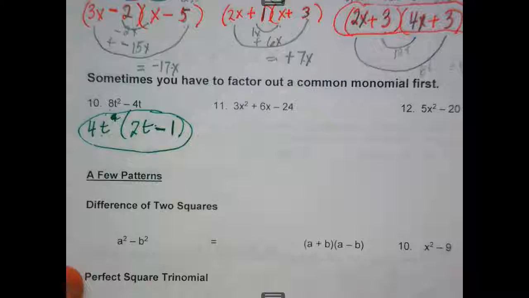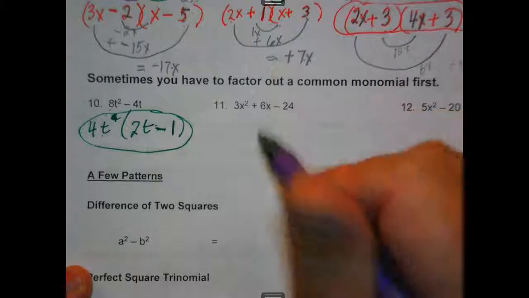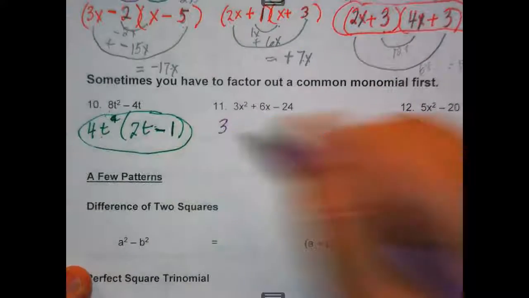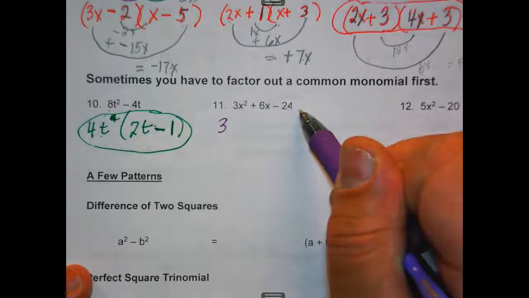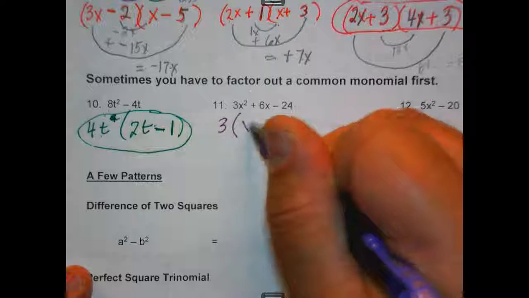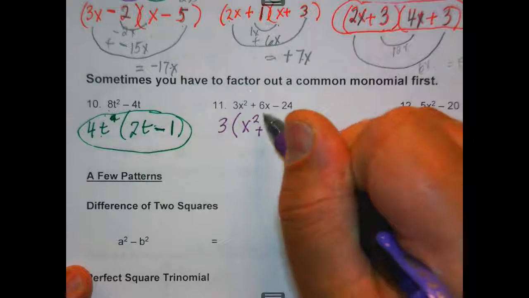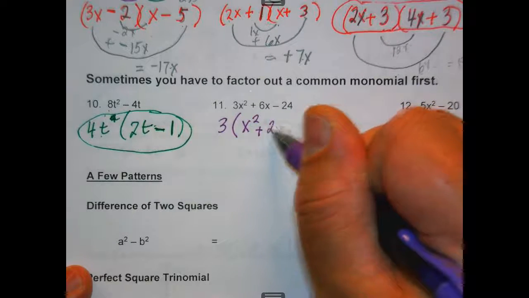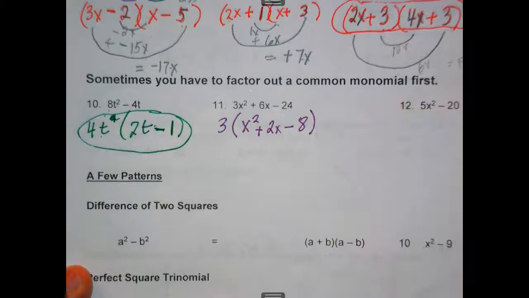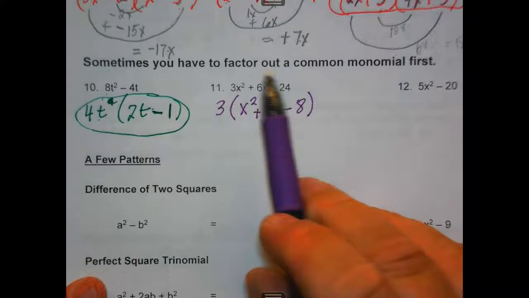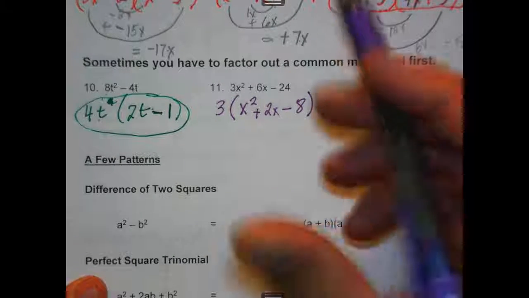Number 11, what can I take out of both? Actually, all of them. A 3. That's it, right? Because 24 does not have an x. So I get x squared plus 6x divided by 3 is 2x. 24 divided by 3 is 8. And then make sure that you can factor what's left over here.